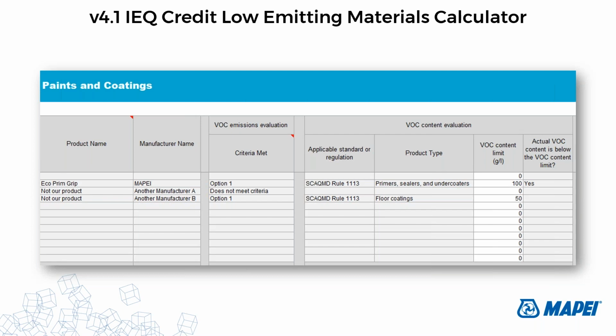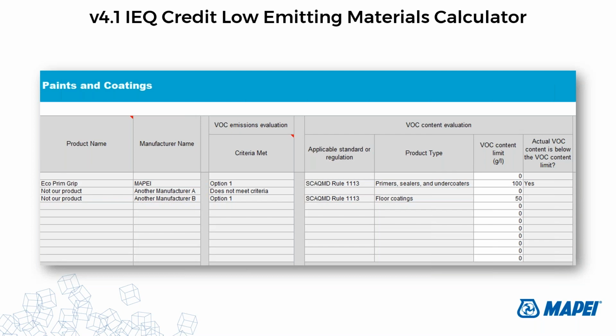So option 1 that you see for criteria met means that VOC emissions show compliance with CDPH standard. Option 2 is for international standards. You also have to show compliance with VOC content, so showing SCAQMD Rule 1113, and then selecting the product type.